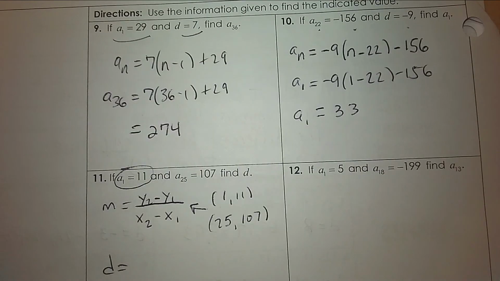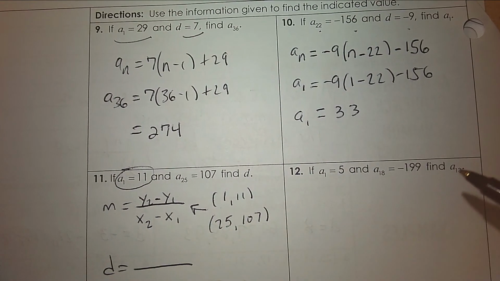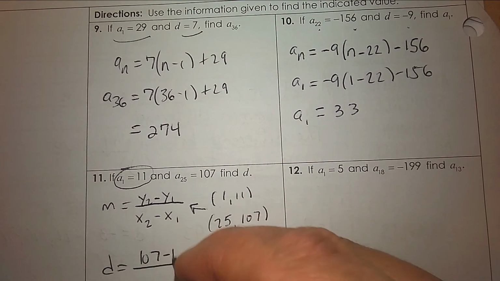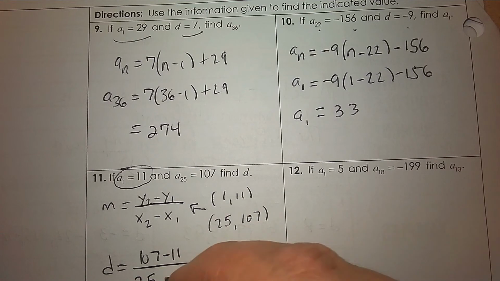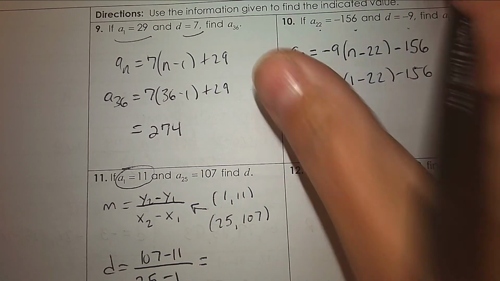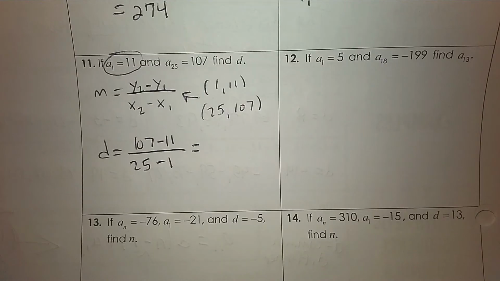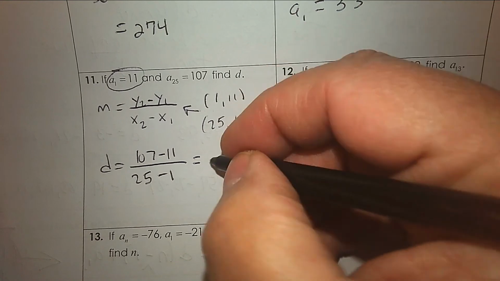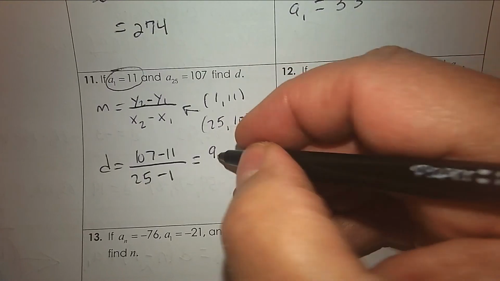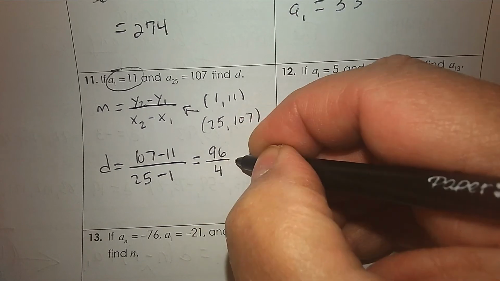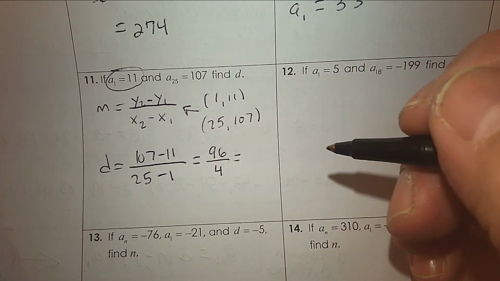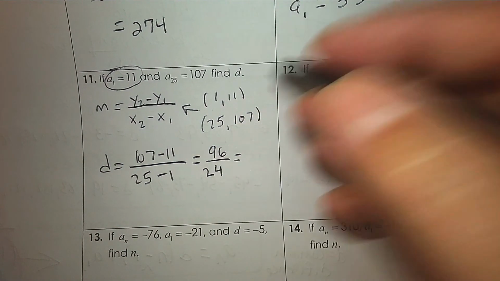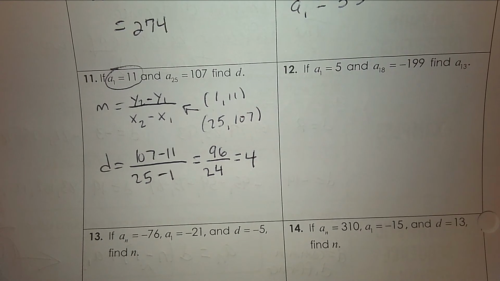So now it's not M but D. What am I subtracting for the Y's? 107 and what am I subtracting for the X's? 25 and 1. Use your calculator. That goes in evenly, right? So the common difference is 4.